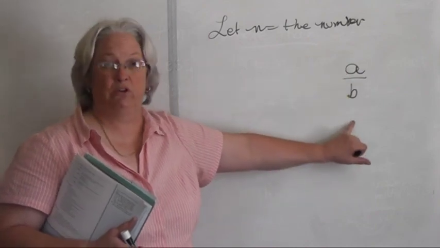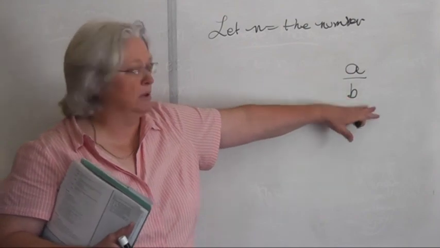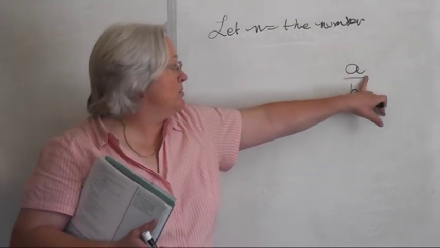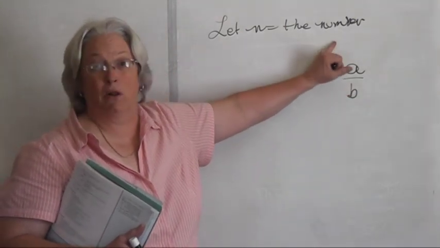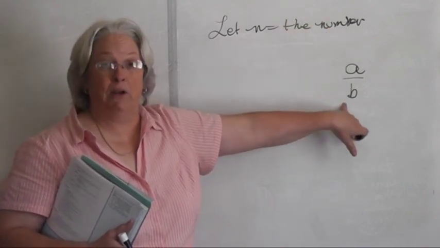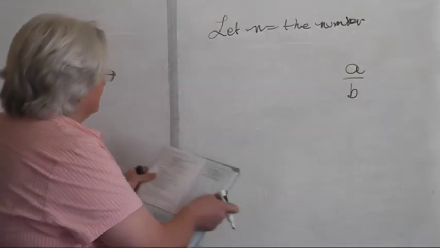If we had 4 over 2, that's the same as 2, which is a quotient. So a lot of the time in your algebraic statements, when they talk about quotient, they're going to be talking about something that's in the form of what we call a rational expression, where you have the numerator divided by a denominator, which is what you recognize now as being a fraction.